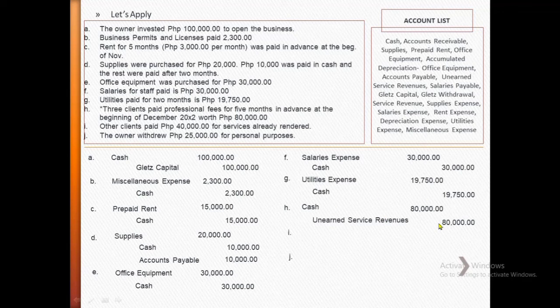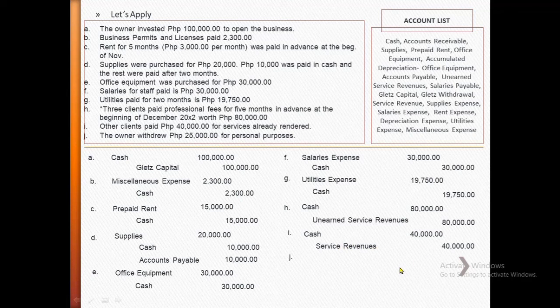However, you're not going to credit service revenues yet because you have not delivered any services or goods yet. So what are you going to credit? It's the unearned service revenues, which is a liability account. Unlike H, in letter I the clients paid 40,000, so debit cash 40,000 for services already rendered. So the credit is service revenues 40,000.